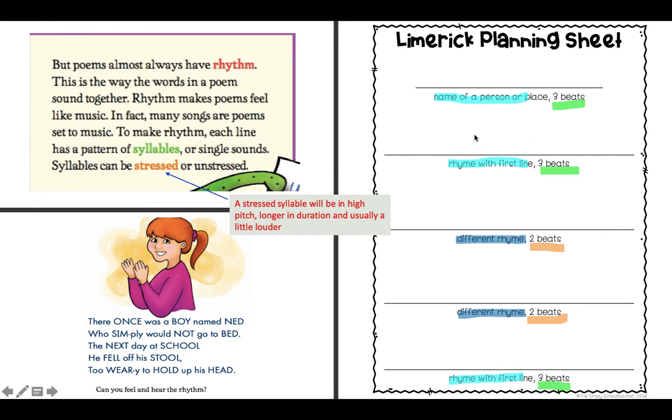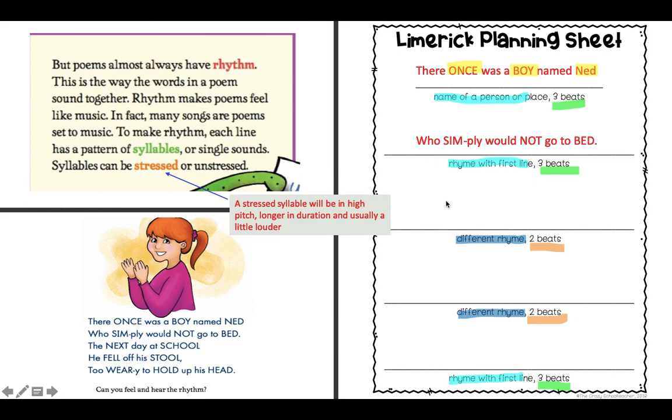Okay, so let's look at the line. There once was a boy named Ned. Once is a single syllable that we are stressing, so we're saying it a little bit louder, or with a higher pitch, or longer. Boy is also a stressed syllable, and Ned is a third stressed syllable.